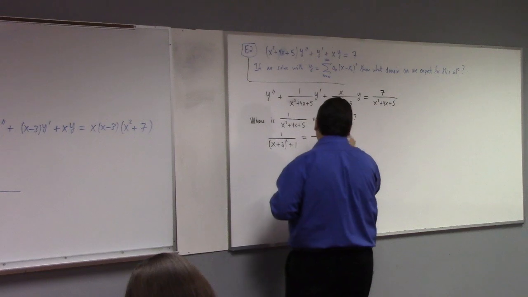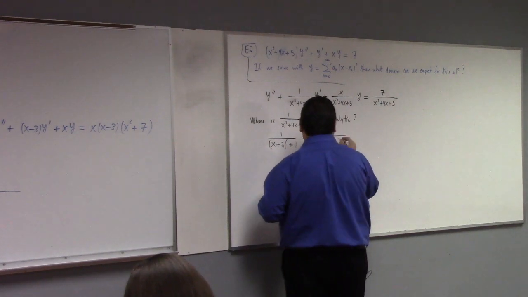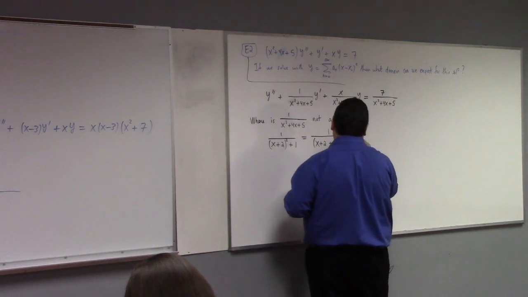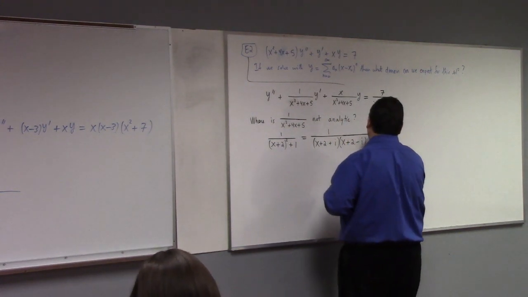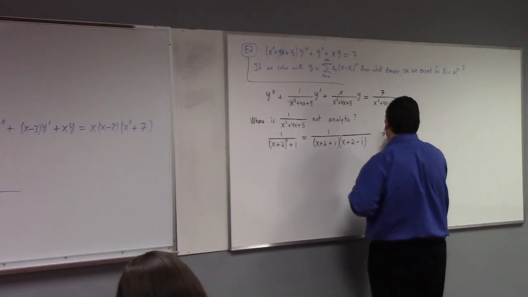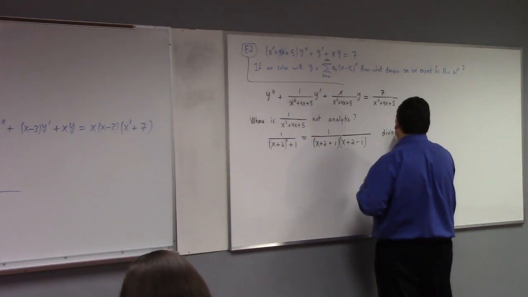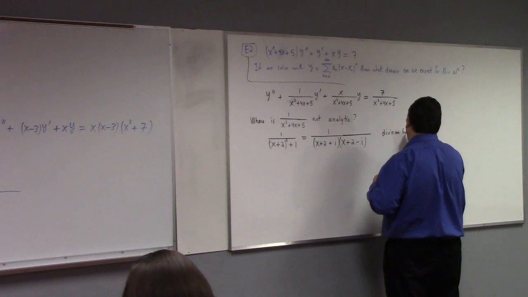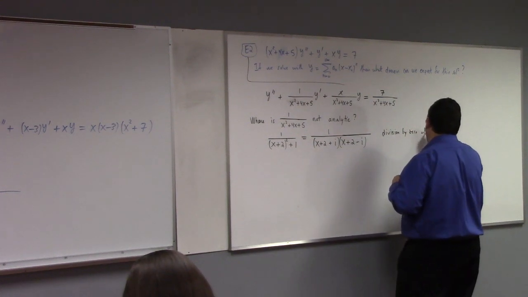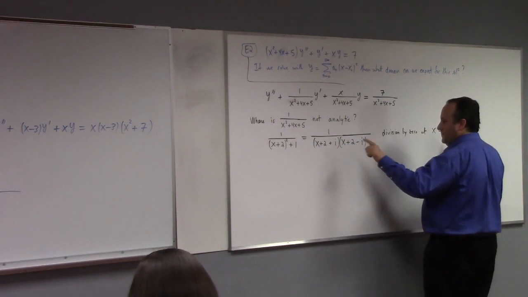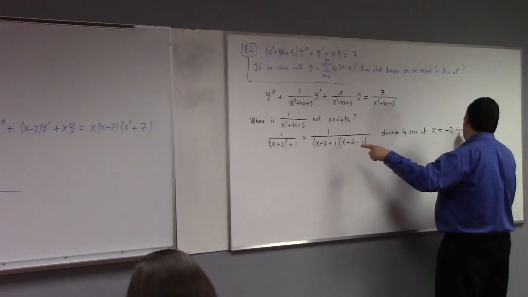Which, if you like, you could rewrite as 1 over (x plus 2 plus i) times (x plus 2 minus i), right? So we have division by 0 where? x equals minus 2 plus or minus i.